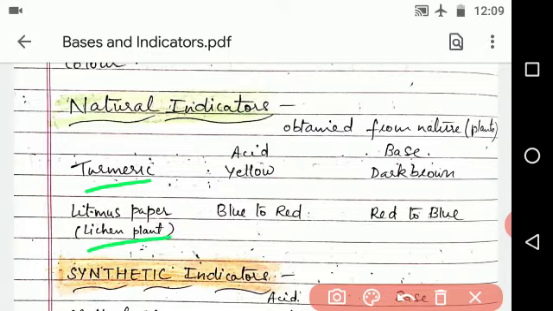Turmeric, you all know, is a spice used in food. Litmus paper is obtained from the lichen plant. Turmeric shows yellow color in acidic medium and dark brown color in basic medium. Litmus paper: in acidic medium, blue litmus changes to red, and in basic medium, red litmus changes to blue.